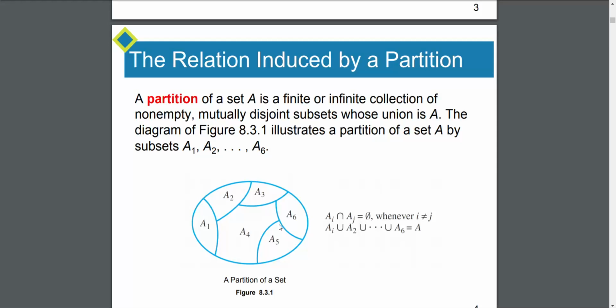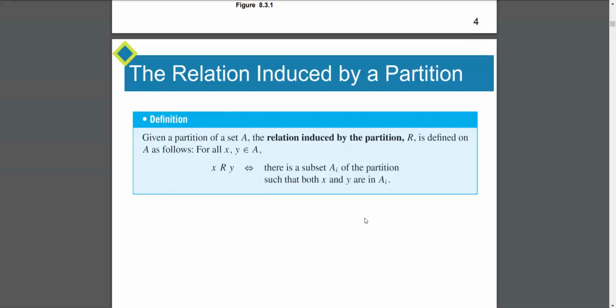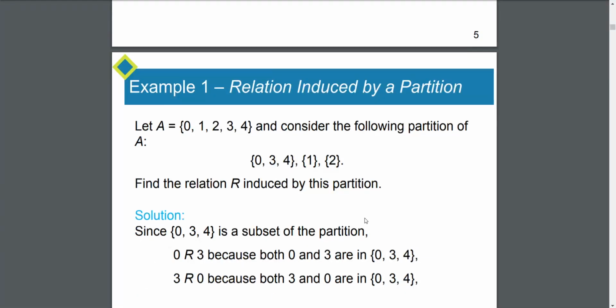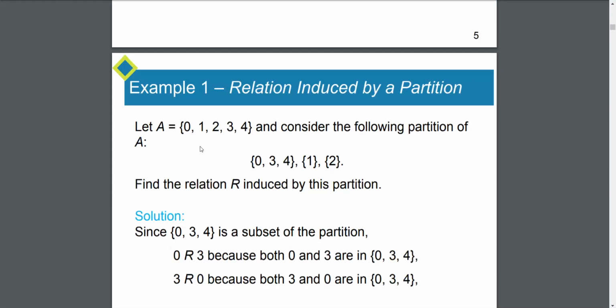and that set is divided into partitions, the union of which creates the set, and the intersection is an empty set. We have this example here of A being this set, and we have these partitions of this set.